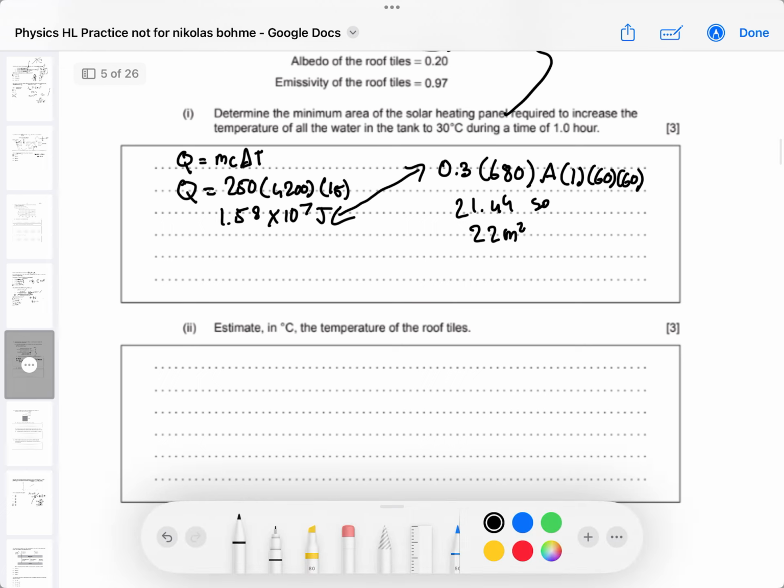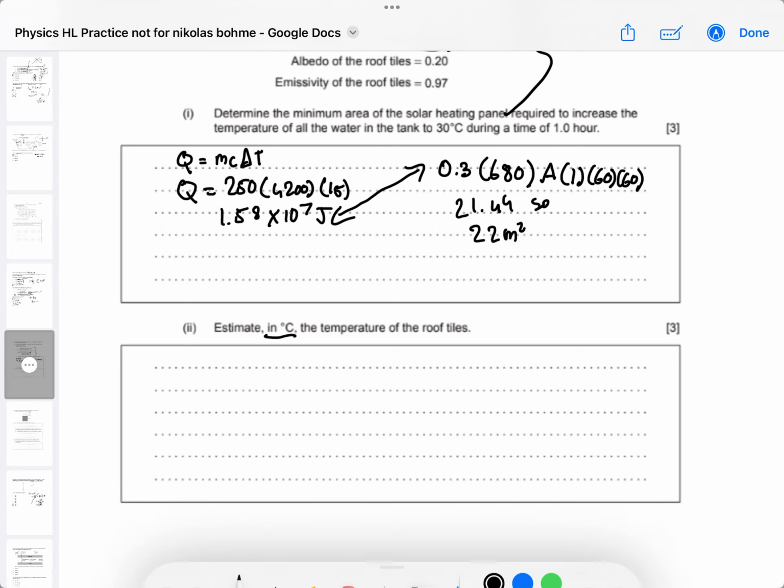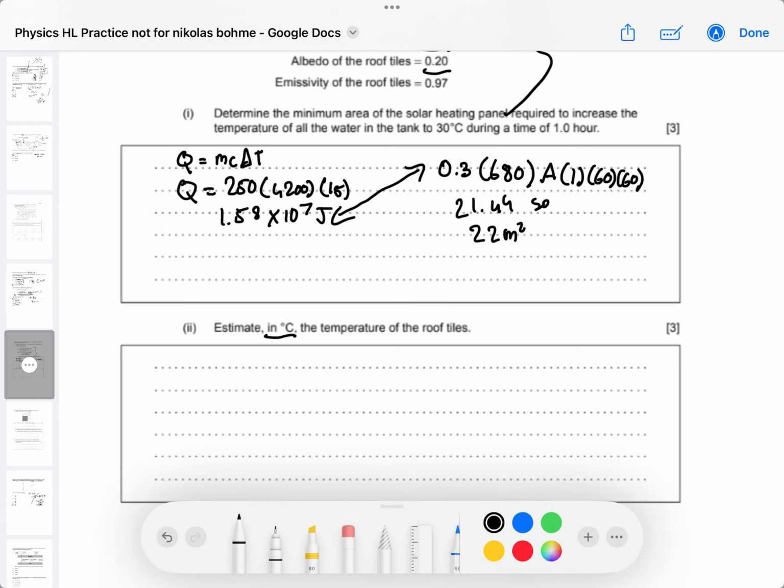So part B says estimate in degrees Celsius the temperature of the roof tiles. We know here that the albedo of the roof tiles is 0.2. That means 0.2 is equal to the power scattered over the power incident.